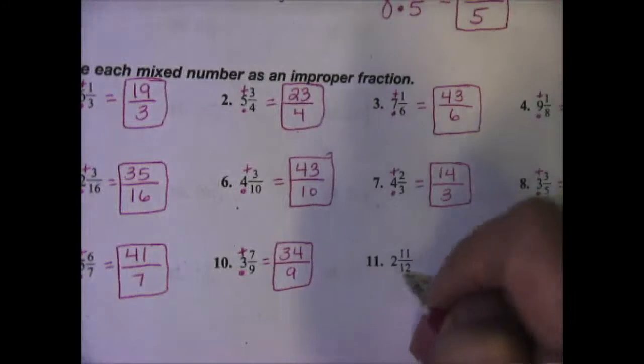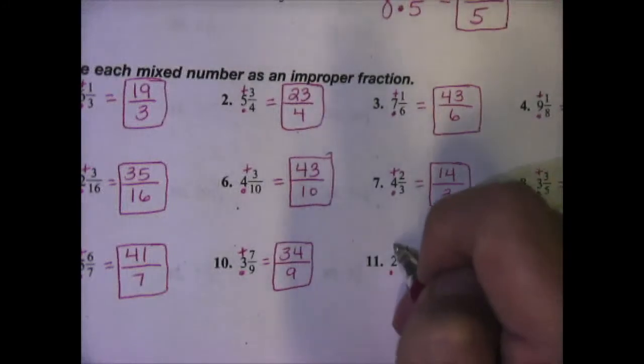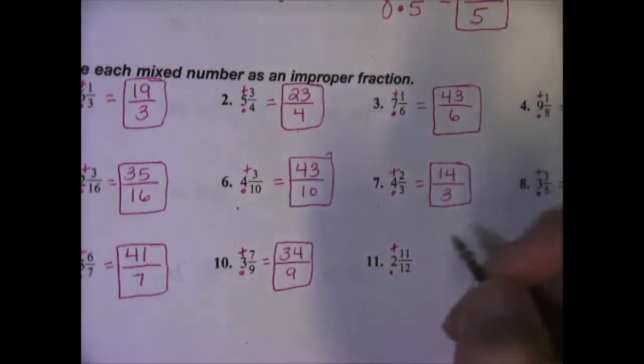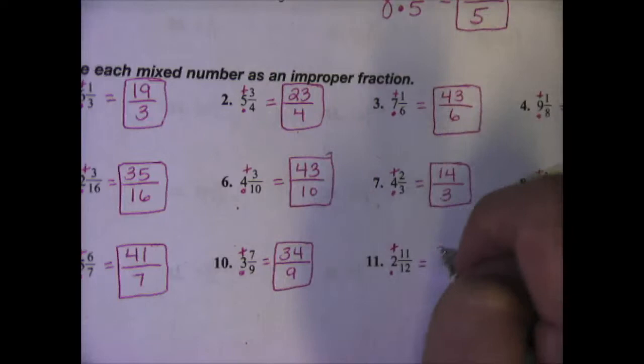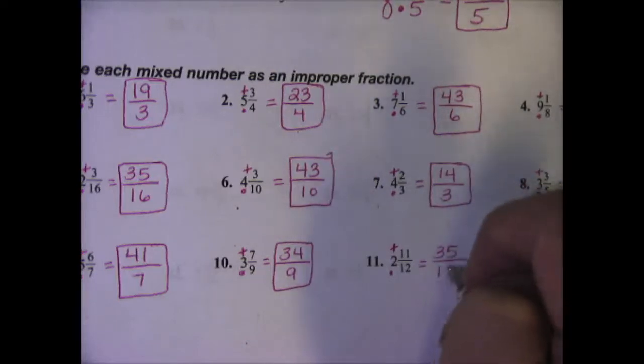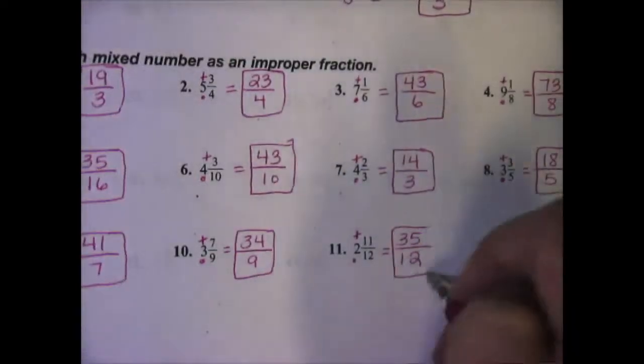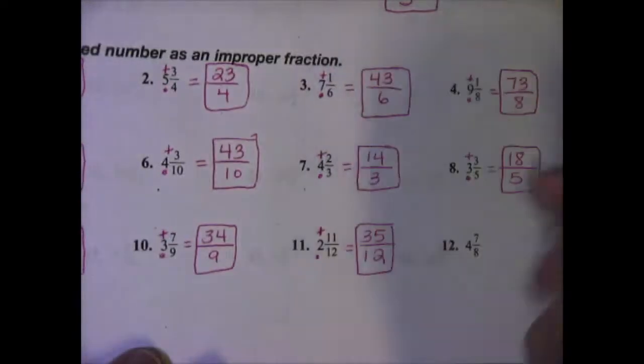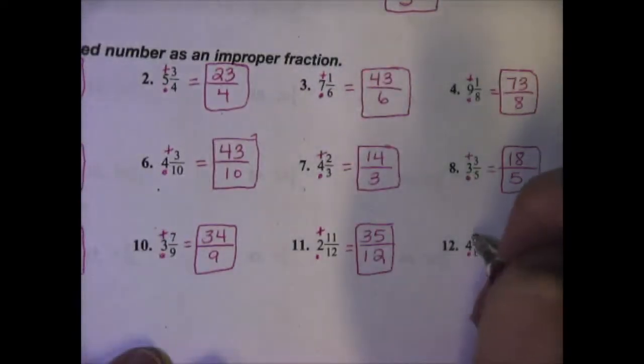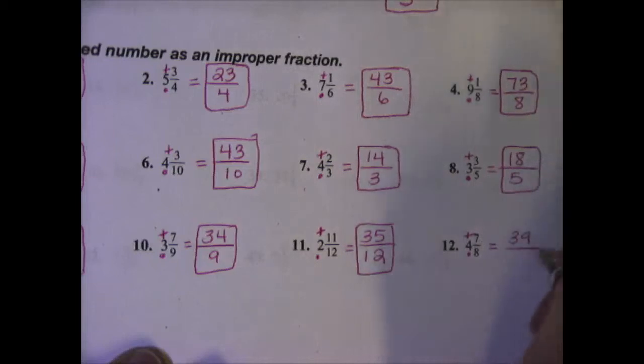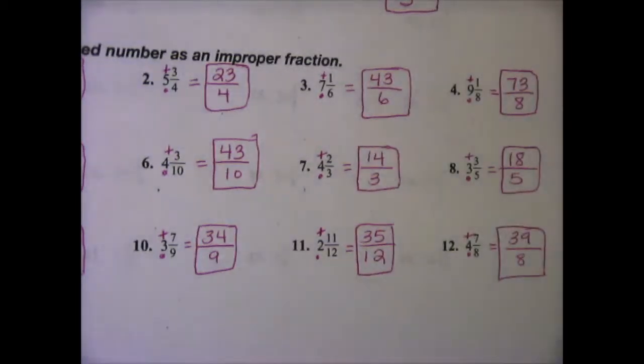Number 11, 12 times 2 is 24, plus 11, so if I add 11 to 24, I get 35 over 12. And number 12, 4 7/8, 8 times 4 is 32, plus 7 is 39 over 8, so 39 over 8.